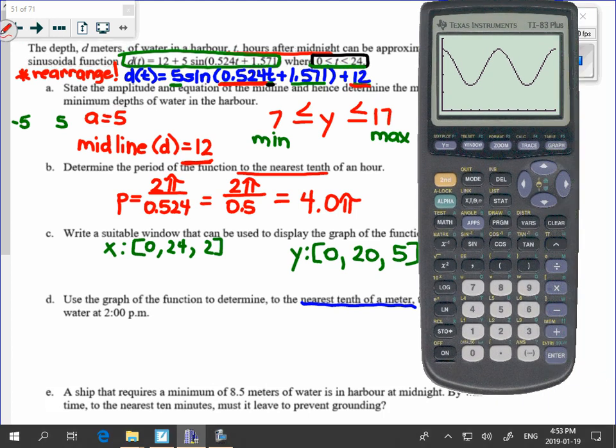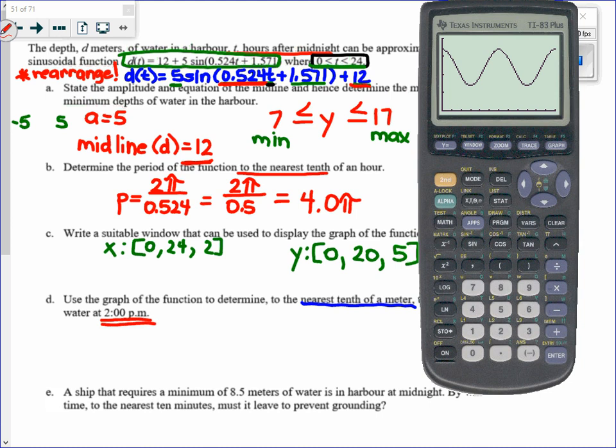Okay, we have to pay attention to that because our time, this 0 to 24 on our x-axis here, represents the hours after midnight, okay? So this will not be at the 2 here, at this 2, because that's 2 o'clock a.m. That's 2 hours after midnight. How many hours after midnight is 2 o'clock p.m.? We're going to have to count.